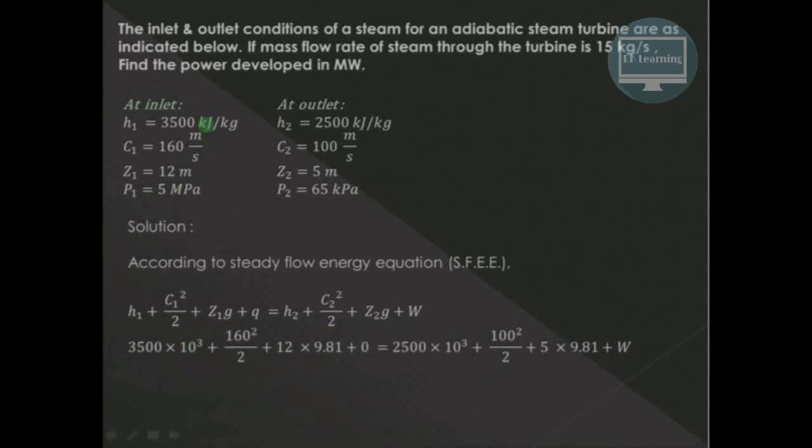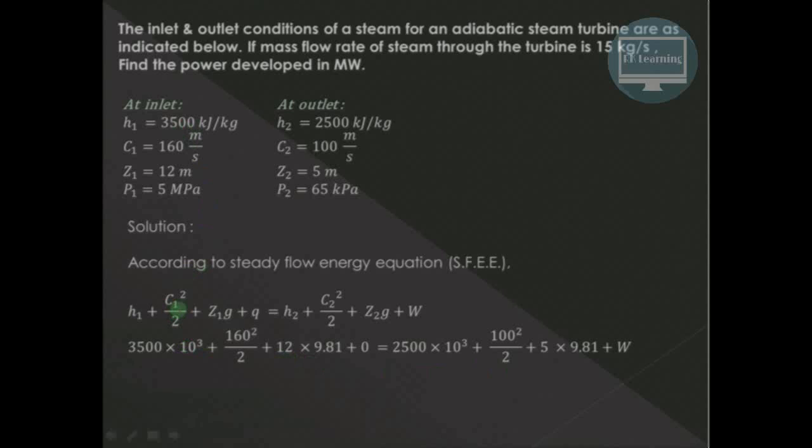Now in this particular example we'll convert this kilojoule into joule, so multiply by 10 raised to 3. So all these particular terms, along with this kinetic energy and potential energy, will have the same unit, that is joule per kg.